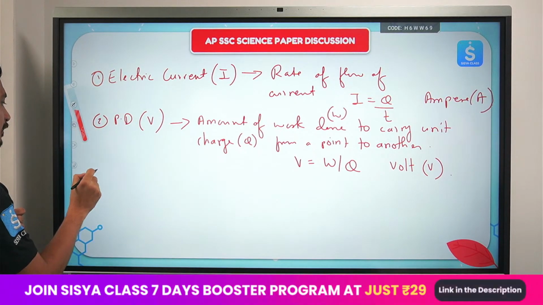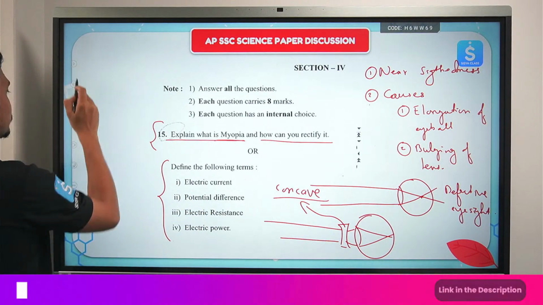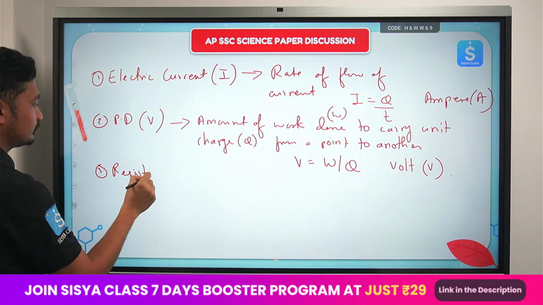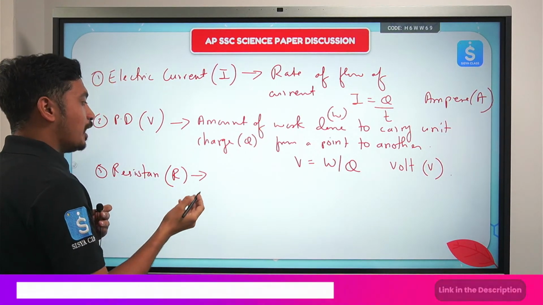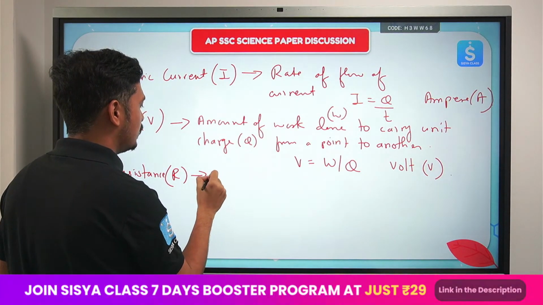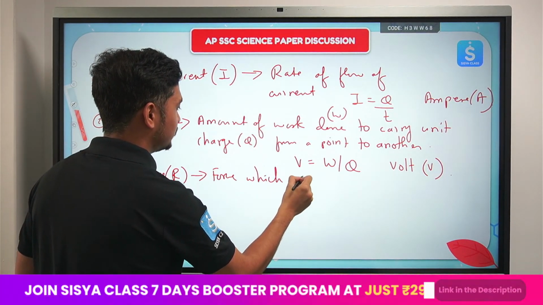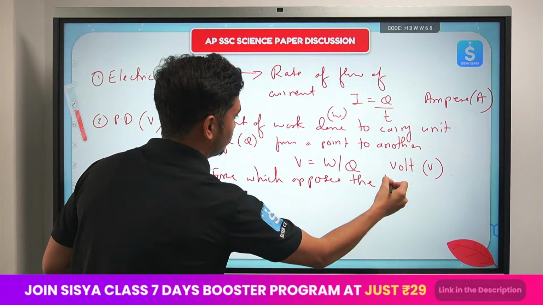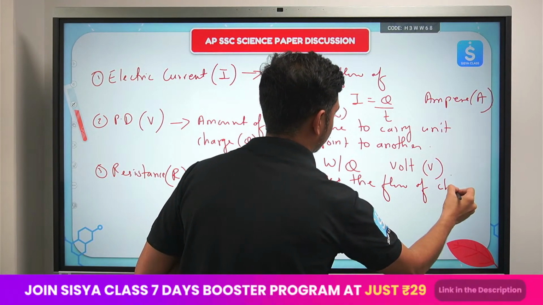Then we have the third question. Moving into the third one, electric resistance. Electric resistance, or we can simply say resistance, we have R, and we'll say it is the force which opposes the flow of charge.